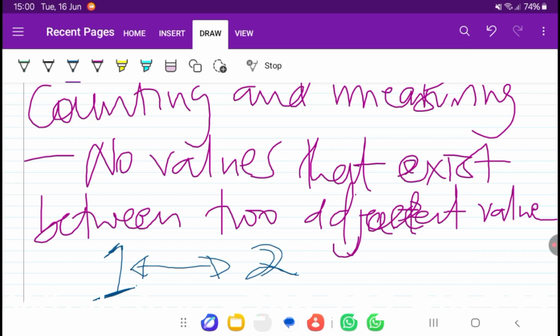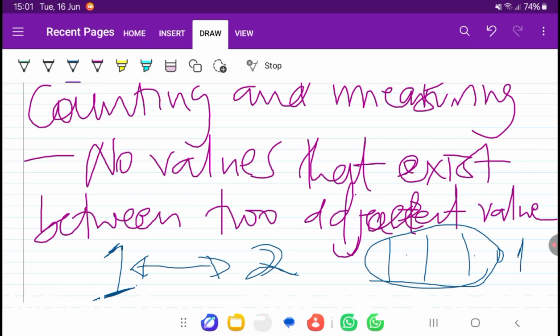So you can have things like 1.1, 1.01. All these are not discrete values. That's why they are saying there are no values that exist between two adjacent values. If I have 10, then 11, the numbers that exist between 10 and 11, like 10.1, 10.001, 10.002, there are so many numbers there, but they don't fall under discrete data.